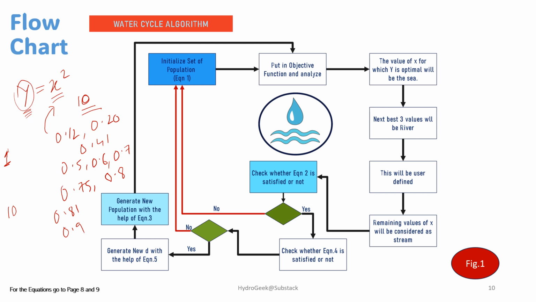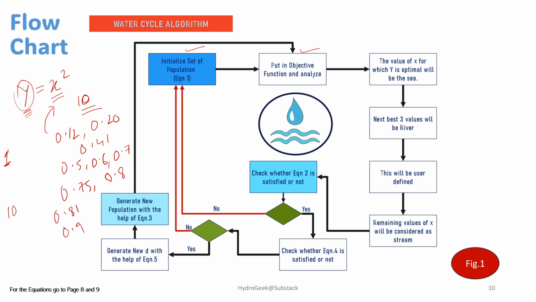So the x for which y is minimum will be referred to as C. First step is initialization. Second step is put into the objective function and analyze. What will I analyze? For which value of x, y is minimum. So y is minimum means y is most optimal.